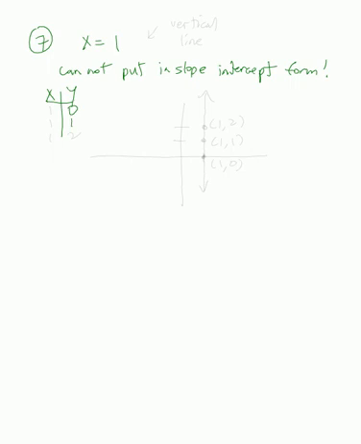No matter what you have for y, x is always 1. So we have 1, 0, 1, 1, 1, 2. So this is a vertical line. Remember, we have a vertical line whenever we're missing the y's. Let me go ahead and label this as 1, 2, 1, 1, and 1, 0.